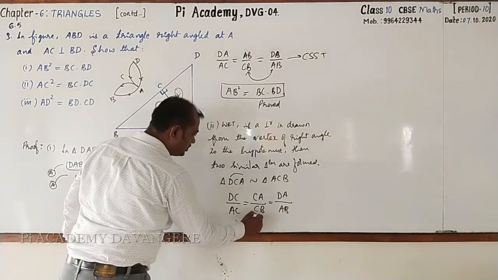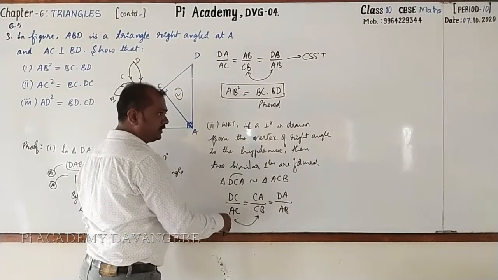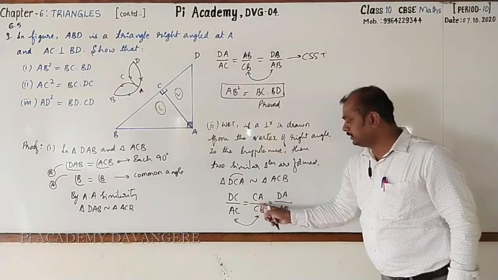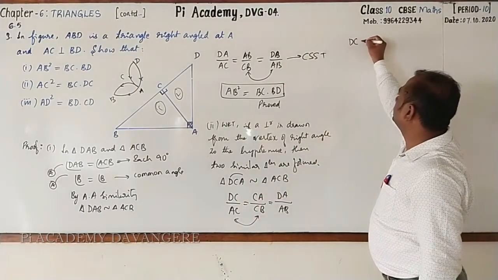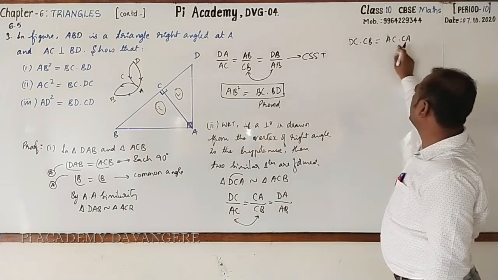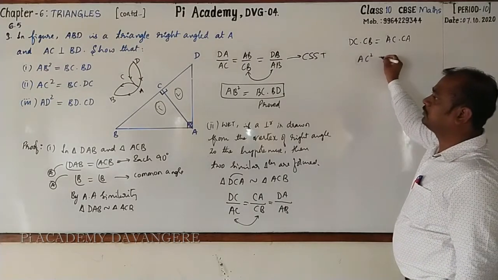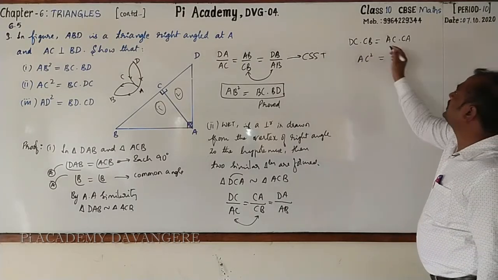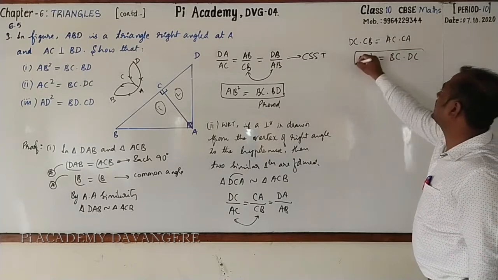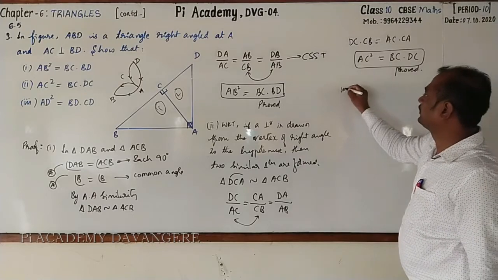Ratios in which the common side is there. See that CA is nothing but AC. Let's go for cross multiply. DC into CB equal to AC into CA. What is AC into AC? AC square, which is equal to CB, that is BC, then DC as it is. Hence the second one is also proved.